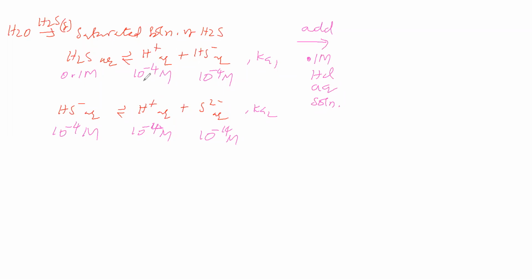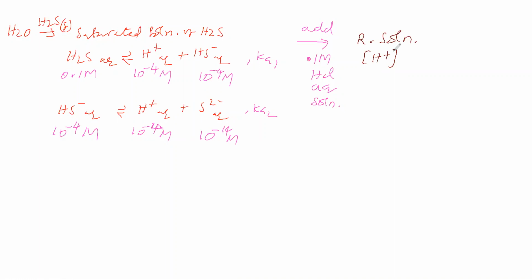So what happens to the concentration of H plus in the resultant solution, compared to this solution? Since we added 0.1 molar HCl aqueous solution, what will happen to the concentration of H plus?